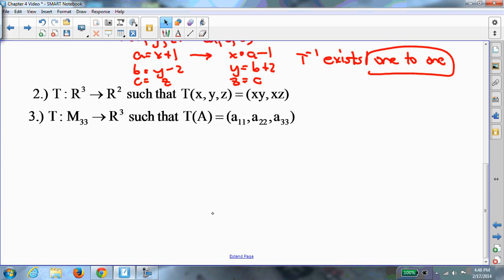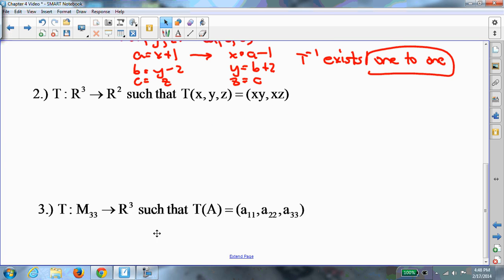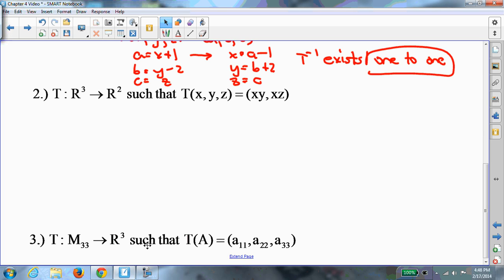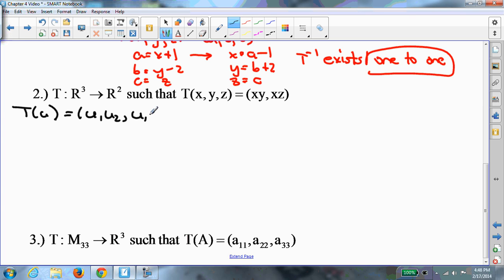Okay, we'll go through the same idea then with each of these. Let's start with this one. Well, let's start with the whole idea of linear. So we'll do the same thing. T of u would equal then the x and the y component. So T of u would equal u1, u2, because it's the x and the y component of u, comma, u1 times u3.